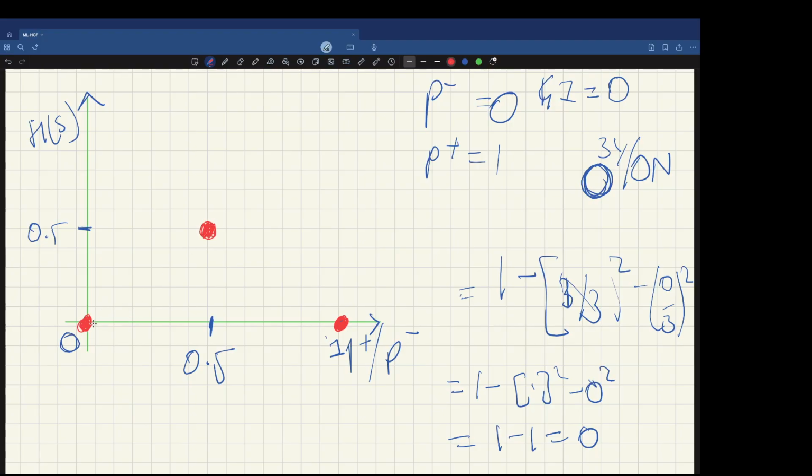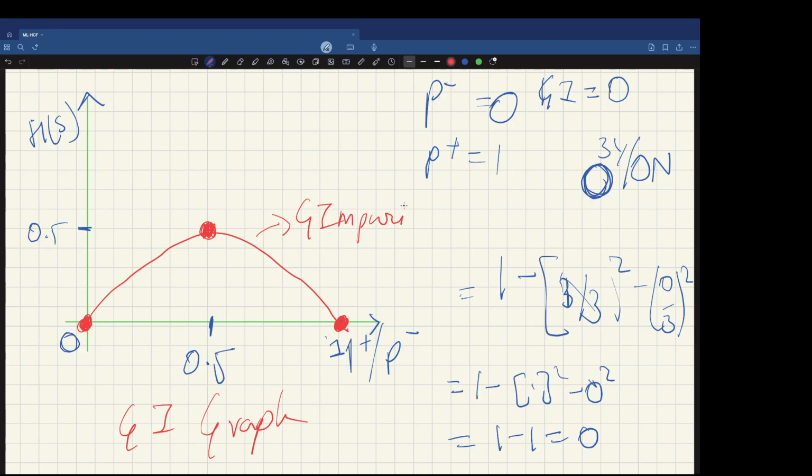Now if you join it, you'll get something like this, right? This is your Gini impurity graph. Not index, Gini impurity, guys. Sorry. Impurity.